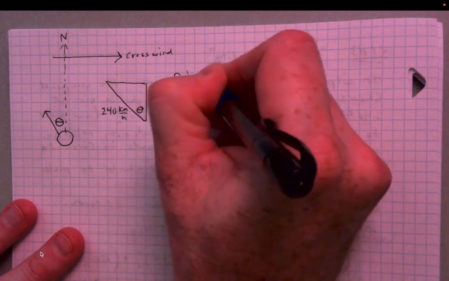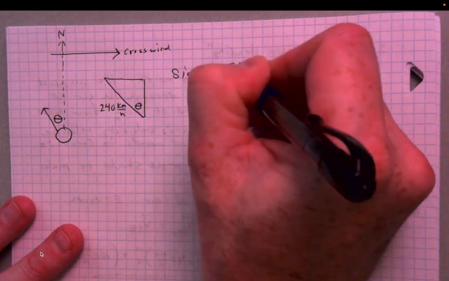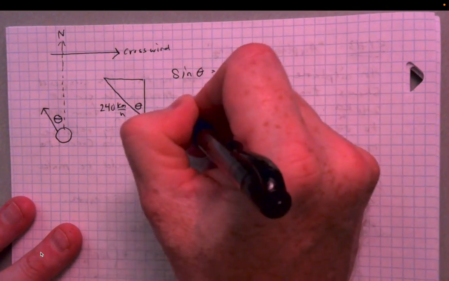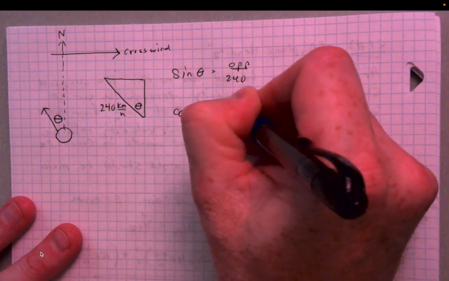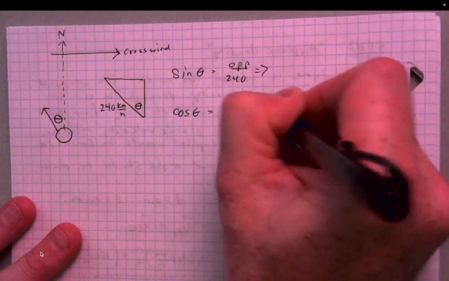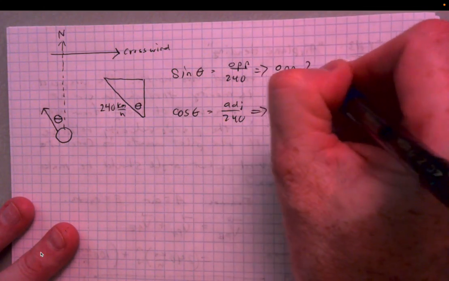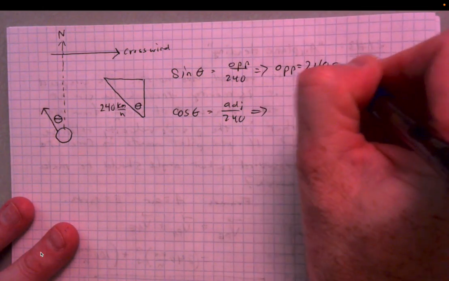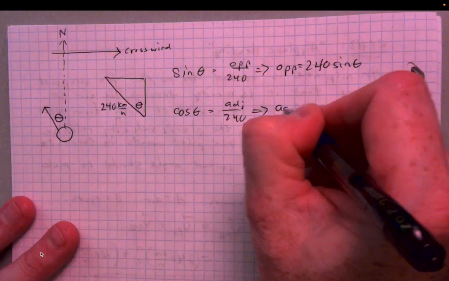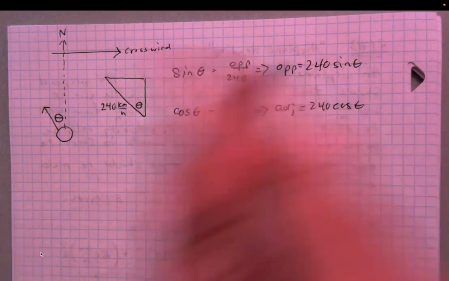Well, again, just breaking into some of our trig, we know that sine of theta is equal to the opposite over 240, and cos theta is equal to the adjacent side over 240. Okay, and so that's going to imply that the opposite side here is going to be 240 times the sine of theta, and the adjacent side is 240 times the cosine of theta.